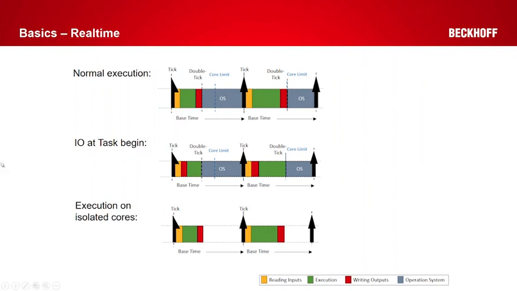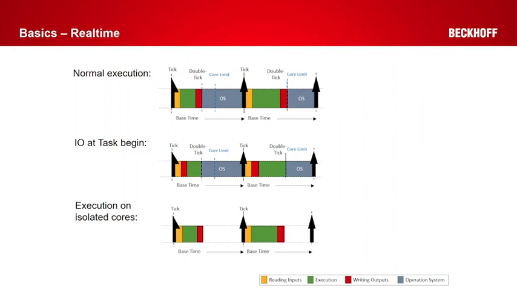And afterwards, we have the output update. The time for the input update and output update is fixed because the process image is fixed, and this means also the time for copying all the variables is fixed. The only thing that can change here is the time which you need for the cyclic execution. You can see this here, and also here it's a little bit longer.